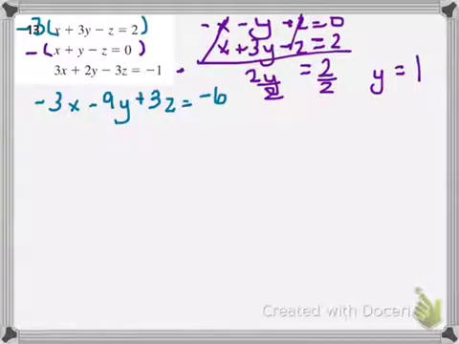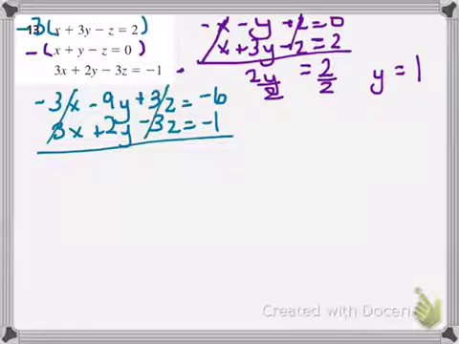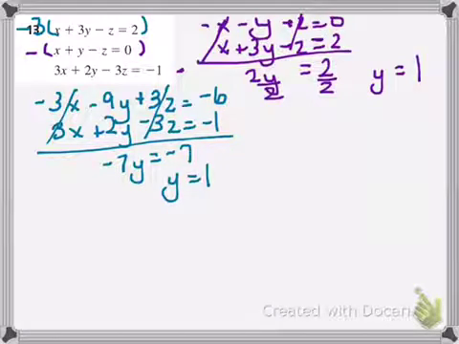And I apologize, that should be a positive 3z. And then we'll take the equation below, equation 3, and add it together. 3x plus 2y minus 3z equals negative 1. So my x's cancel, my z's cancel, and again I'm still getting my y value the same. So I get negative 7y equals negative 7, and I still get y equals 1.